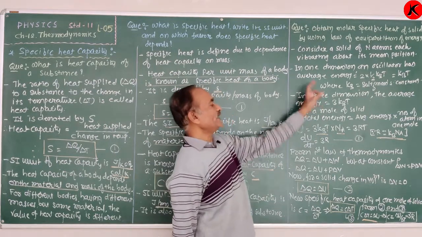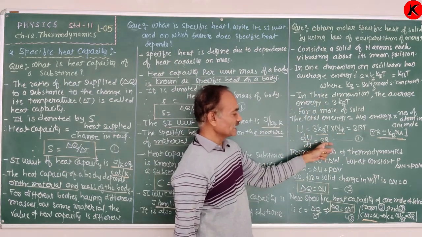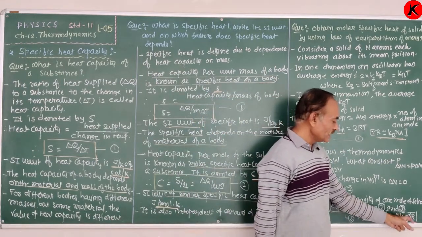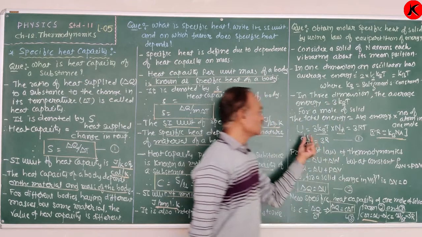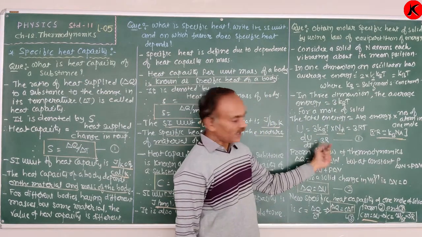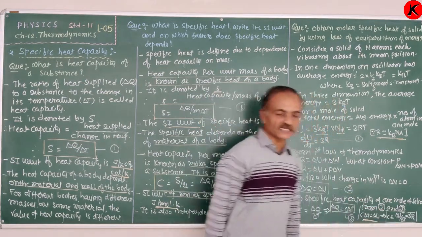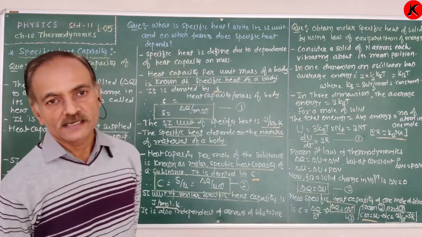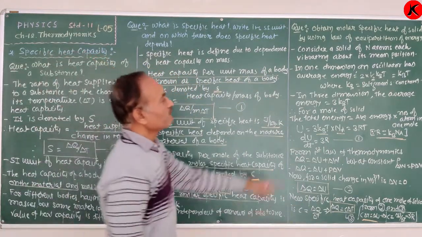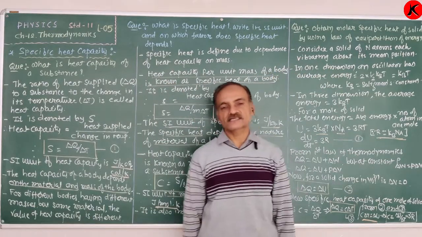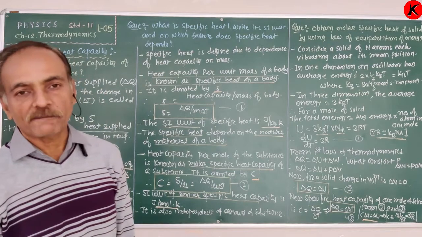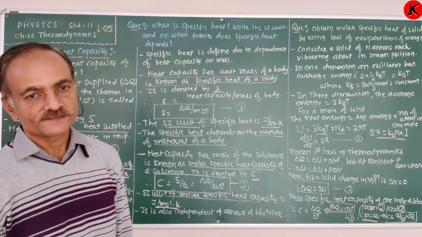But already we have delta U upon delta T is equal to 3R. Therefore, C is equal to 3R. That is the molar specific heat of solid on the basis of the law of equipartition of energy.